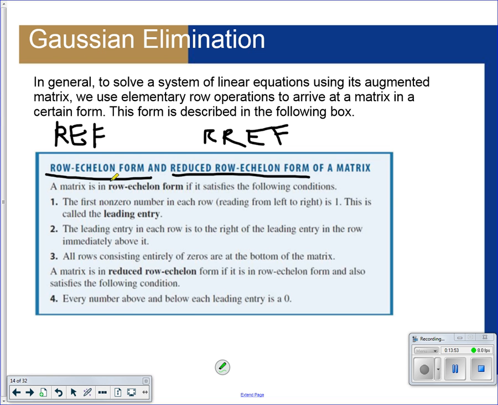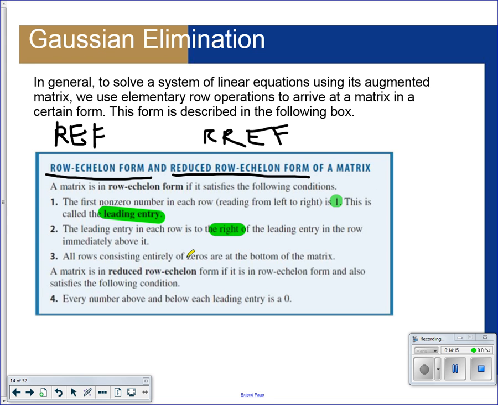So the matrix is in row echelon form if the first non-zero number in each row is 1, and that's called the leading entry. So you want that to be a 1. Then the leading entry in each row to the right of the leading entry above is also going to be 1. Each leading entry is a 1, and it has to be to the right.